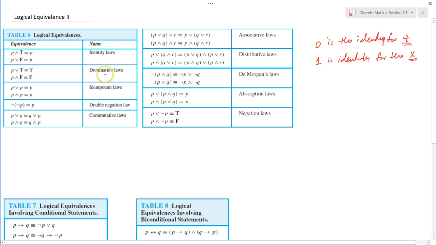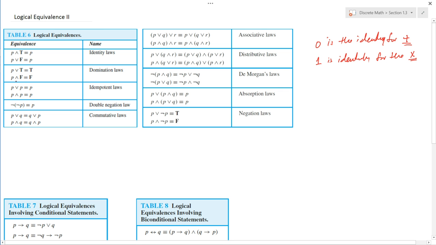Now, in the same way, the domination law says that one value is always going to dominate for a particular operator. So P or true is always true, no matter what the value of P is. And in the same way, P and false is always false no matter what the value of P is.